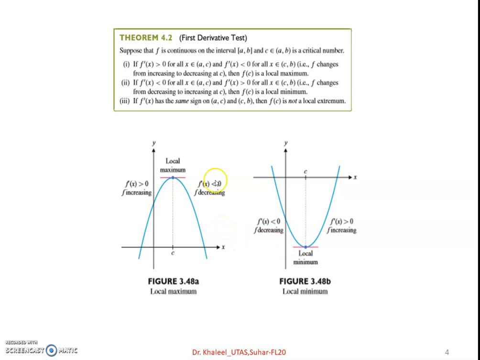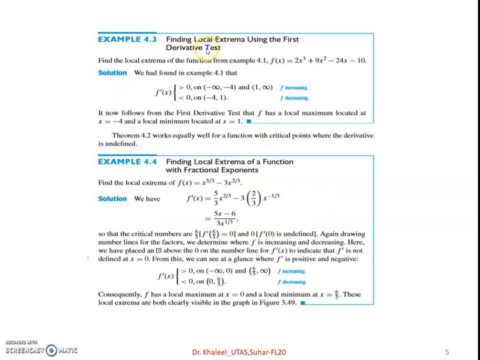Let's see an example of that. Find the local extrema using the first derivative test. It's very clearly given which test to be used. Find the local extrema of this. We have done this example in the earlier one, 4.1, and what we have seen, f prime x is greater than 0 from this to this, and it is less than 0 from this to this.